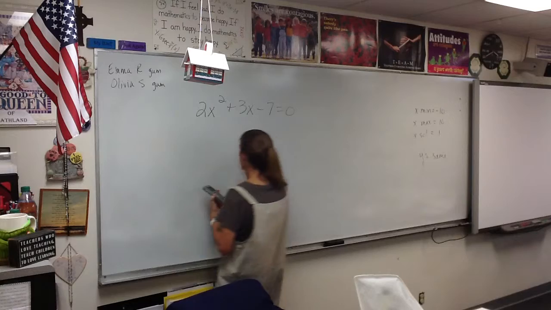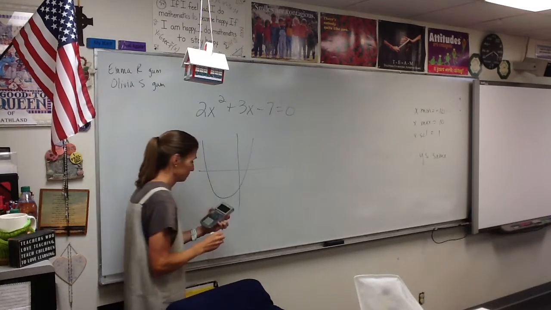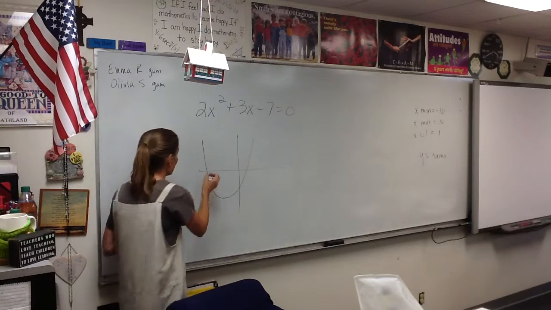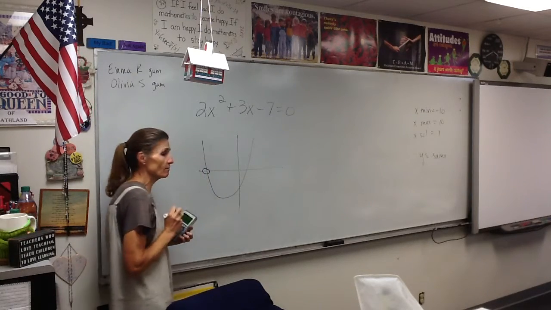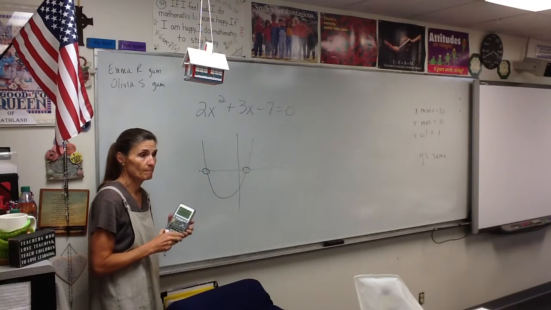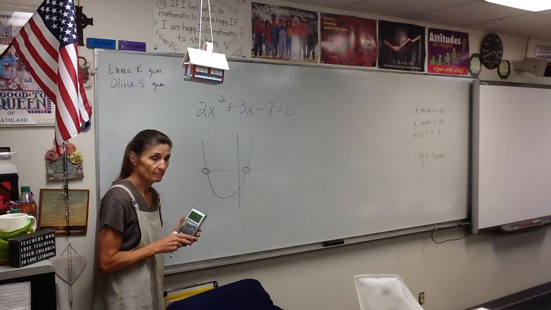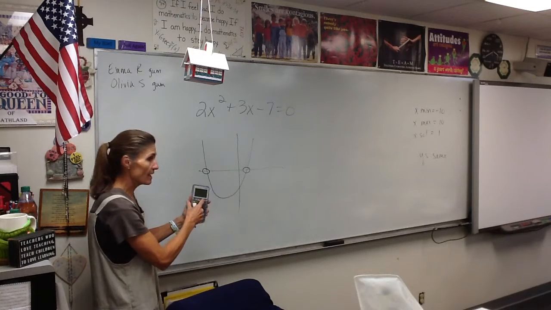You should see a picture that looks like this. This is the first point we want to find. We also want to find this one, but we can only find one at a time. So what do we press? Second calc.